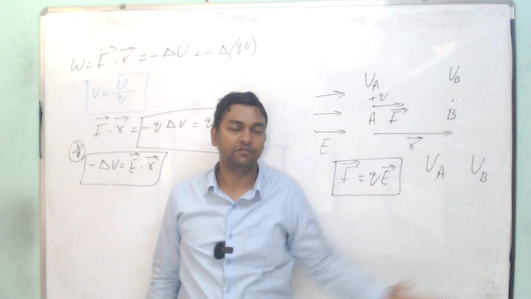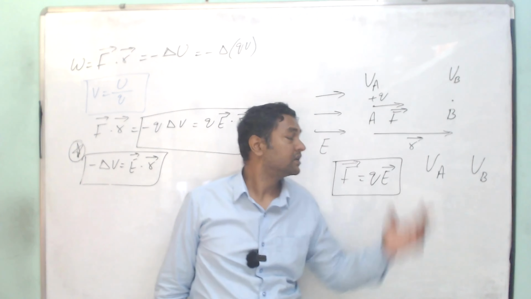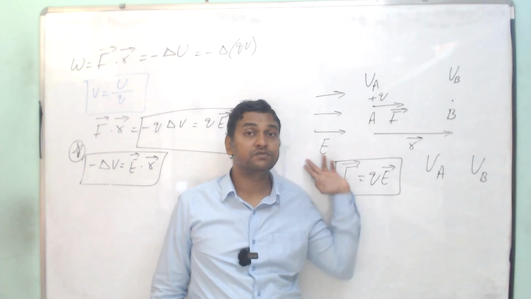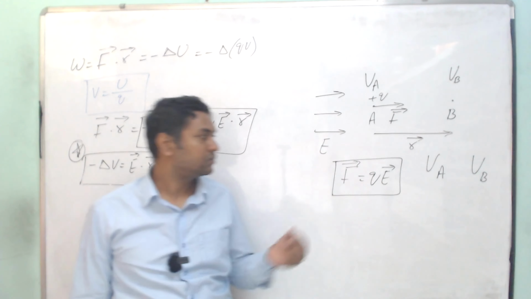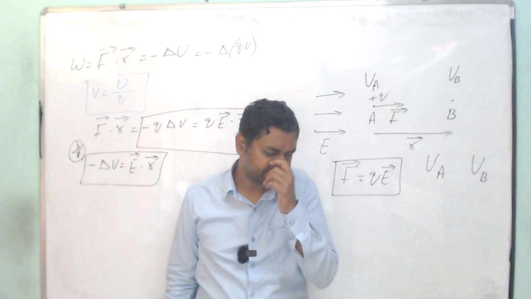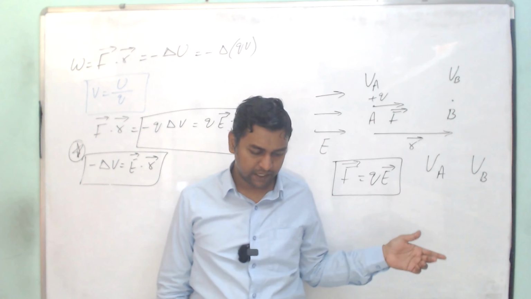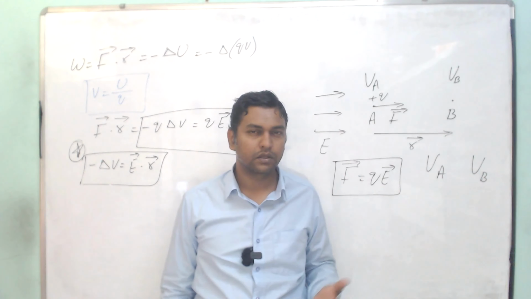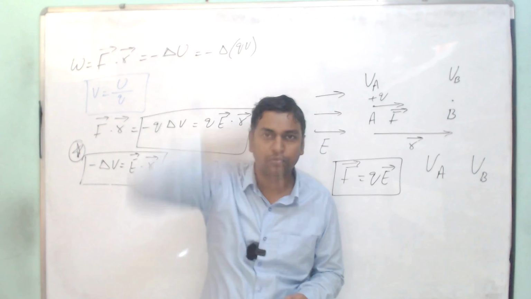So when we discuss why it is going from A to B, if you keep energy aside, energy is anyway important for all the chapters, you can say it is because of the electric field. But it is easier to discuss in terms of potential, and it is also more conceptual. Are you getting my point? It is the ability of Earth which is taking the marker from top to bottom.